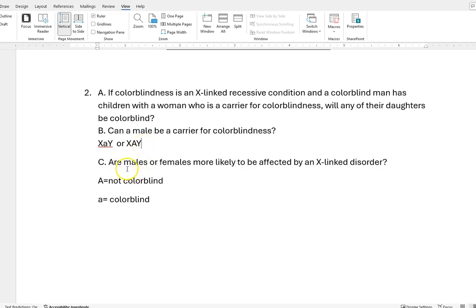It says in question C, are males or females more likely to be affected by the X chromosome? Well, if we go back to B here, you can see that males are definitely more likely to be affected by an X-linked disorder. So males either have the disorder or don't have the disorder, whereas a female has many more genotypes that she could have, right?